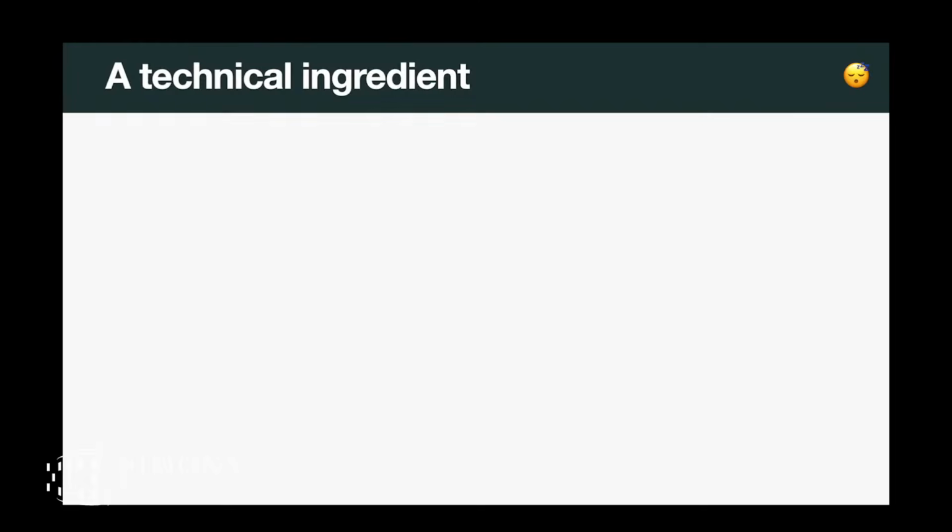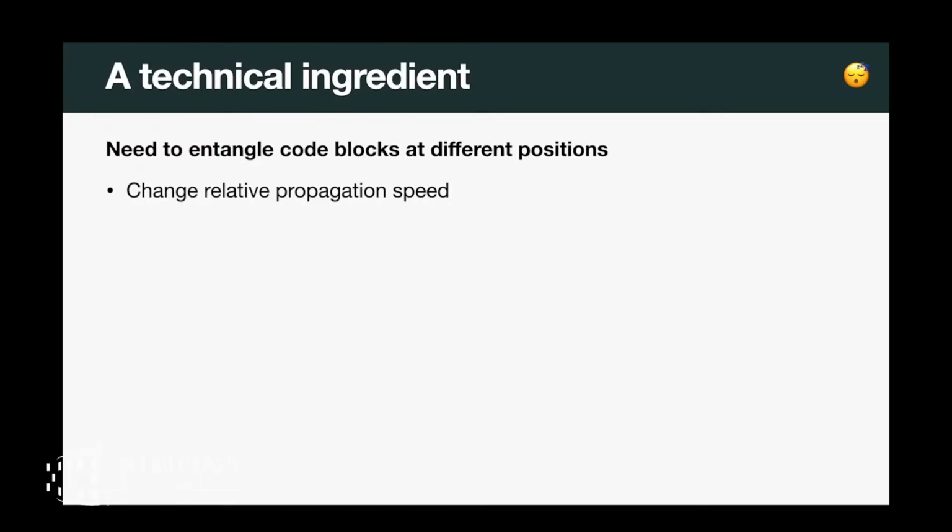This is a technical ingredient, which is that on this memory tape, I need to entangle code blocks that are at different positions on the memory tape. And to do it, you have to make some code block propagate faster than another code block. And to do it, we're just going to skip over some position in this hard-coded circuit.